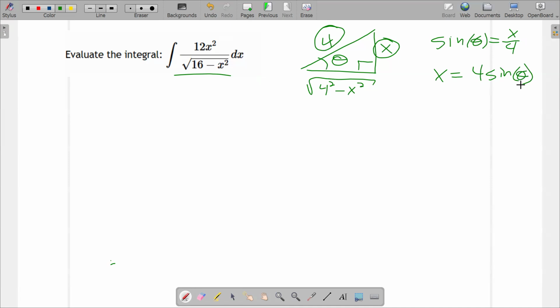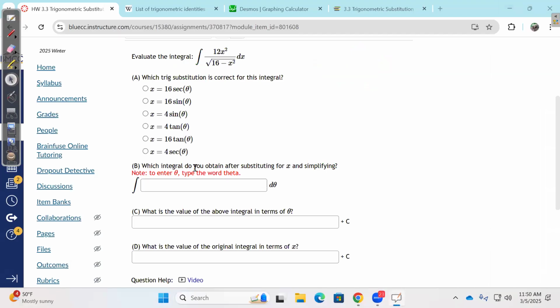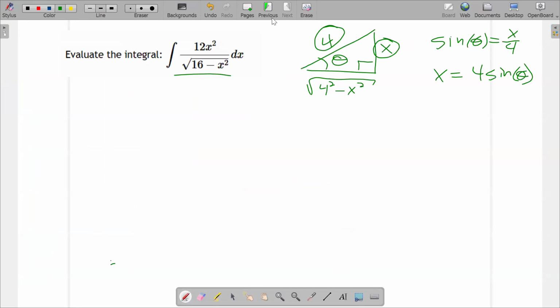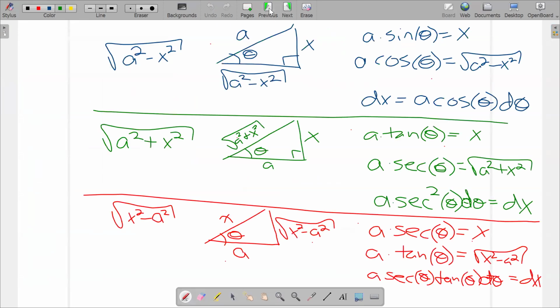Then on the homework problem, they say, which is the best substitution here for x? Mine, again, is this one right here, 4 times the sine of theta. Now they want me to do the rest of the setup, and you have two options. You could just look up and use the given versions of the substitution or get them from the triangle. I'm going to get them from the triangle.